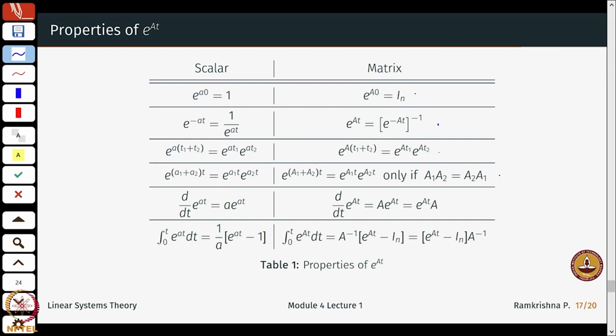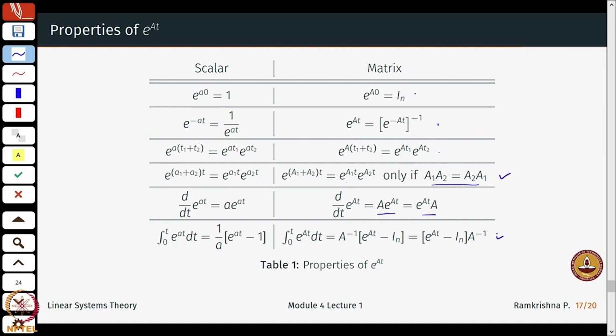I will leave this for you to derive: e power (A1 plus A2)t is e power A1t times e power A2t if and only if the matrices commute, that is, A1 times A2 is A2 times A1. And lastly, d by dt of e power At is this, and it is also equal to e power At times A, along with the integral version.